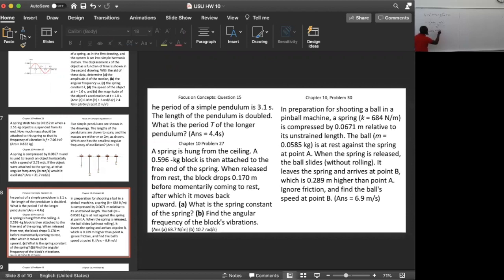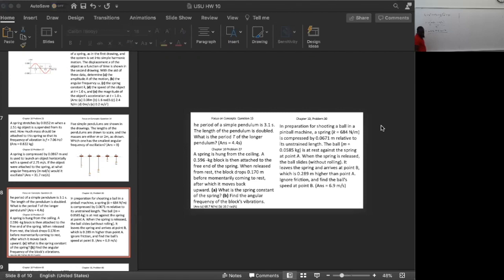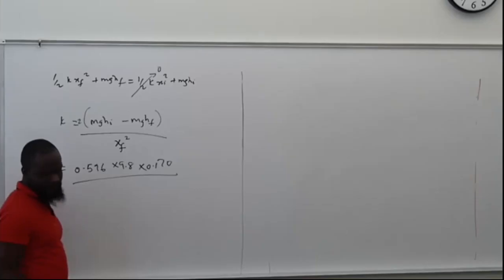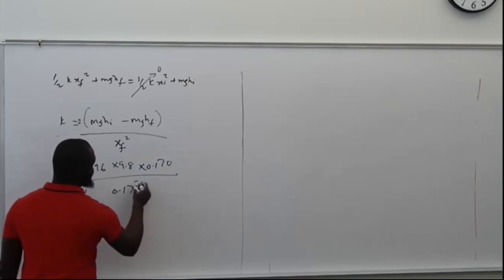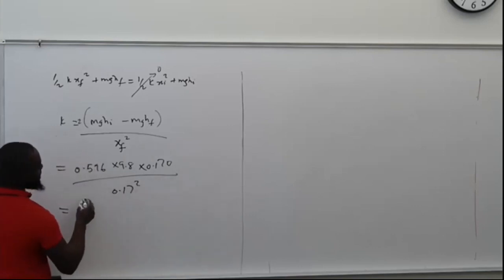So we'll do h initial minus h final, which is the displacement we are given, 0.170, over x final squared, or y final squared if you like. Okay. So I'm going to stop sharing so you see what I'm doing. 0.17 squared, okay? So this is going to give us our k.